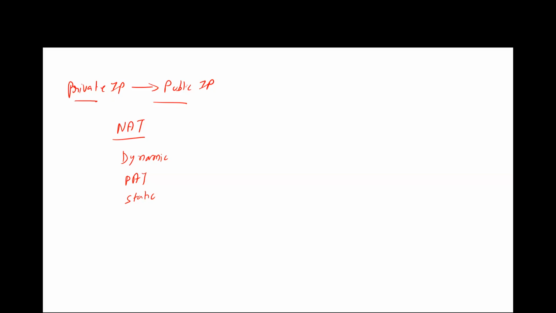Okay. So on a router, you are doing three different types of NAT configurations: dynamic NAT, PAT, and static NAT. When it is on a firewall, in your ASA, in addition to these three types, you will also see something called port redirection NAT.